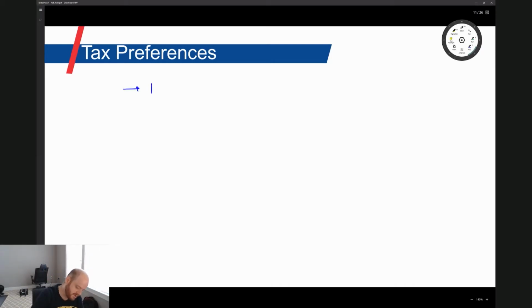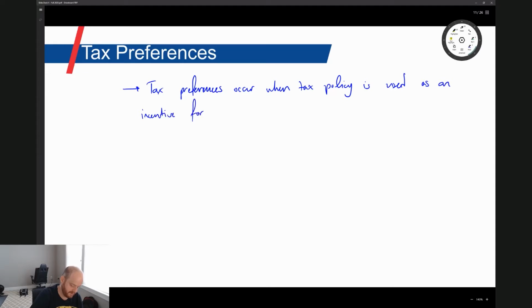Essentially, tax preferences occur when tax policy is used as an incentive for certain behaviors, or when subsidies are given for preferred activities.